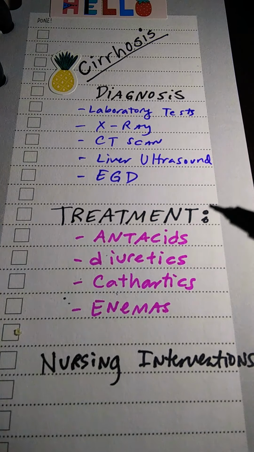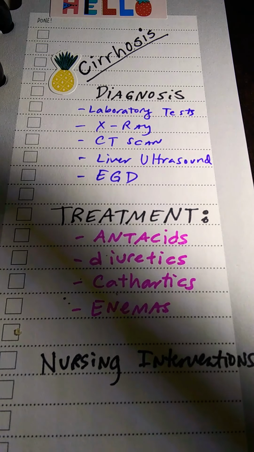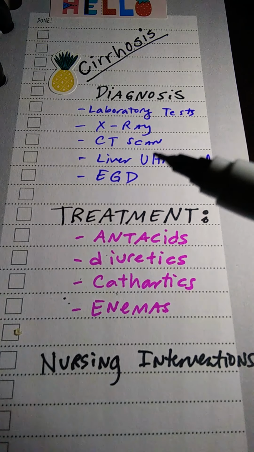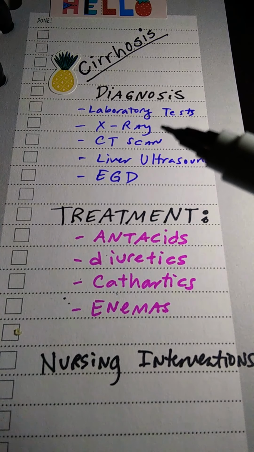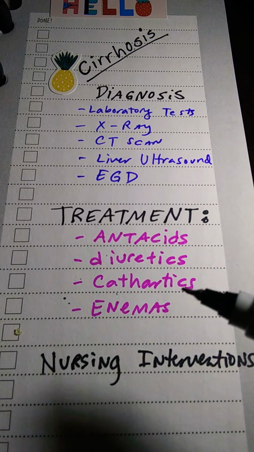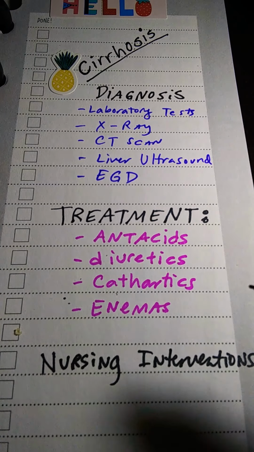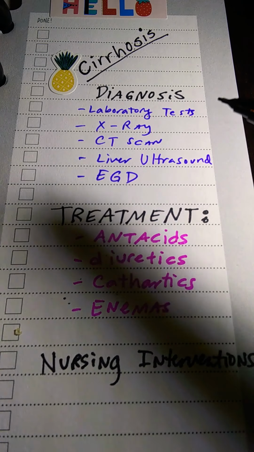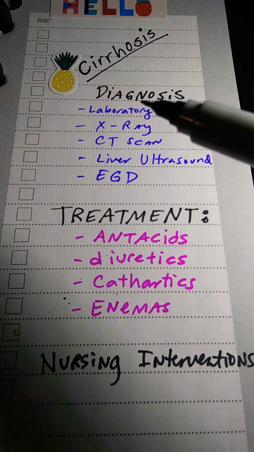As we all know, liver functions are complex, so it basically requires several diagnostic tests. Some of these tests are used to determine the extent of the cirrhosis, and the type of treatment depends on the condition of the patient's liver. Some of the major diagnostic tests that you need to be mindful about would include laboratory tests.